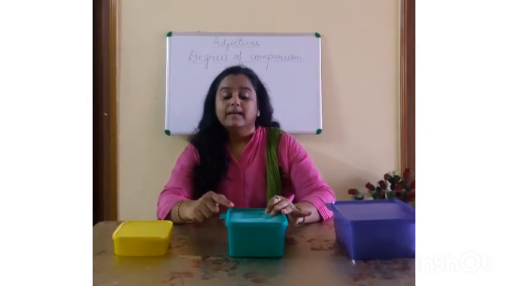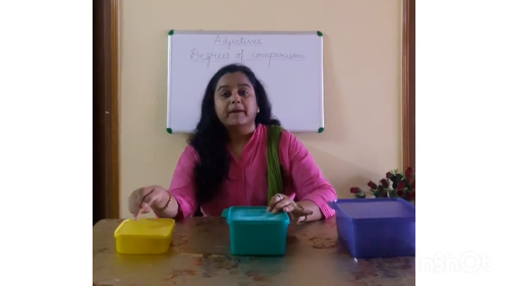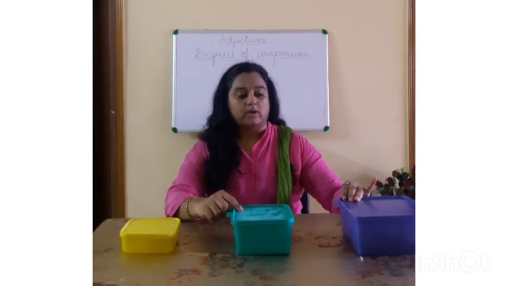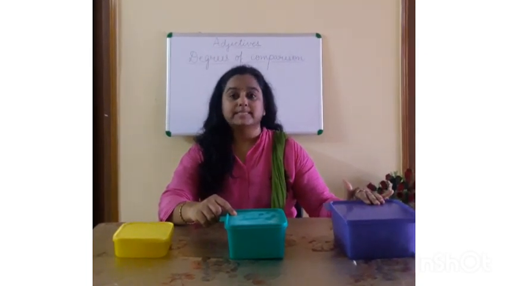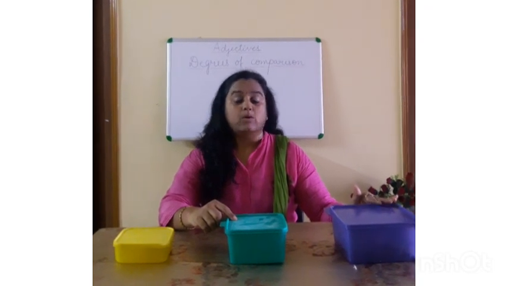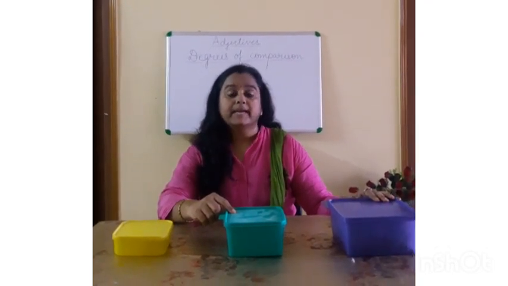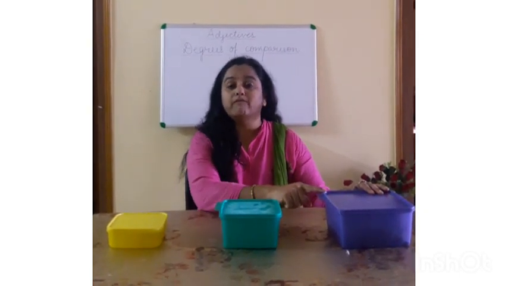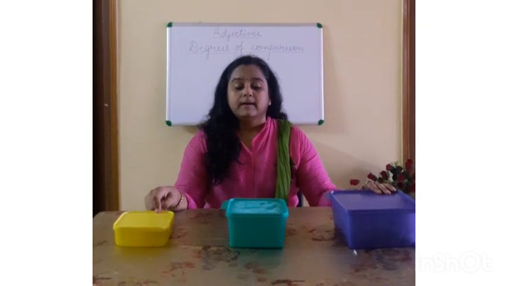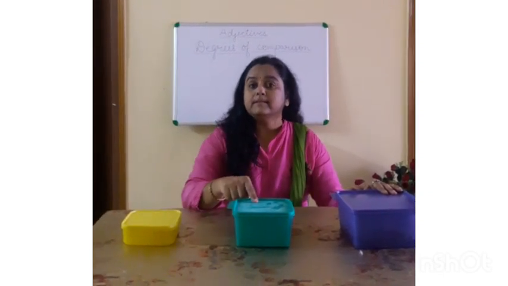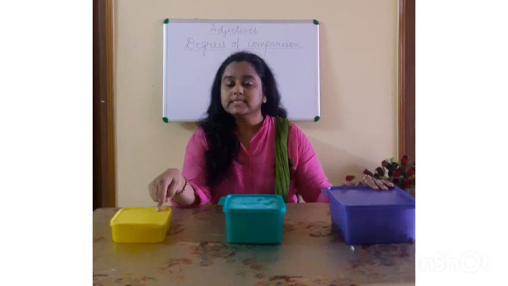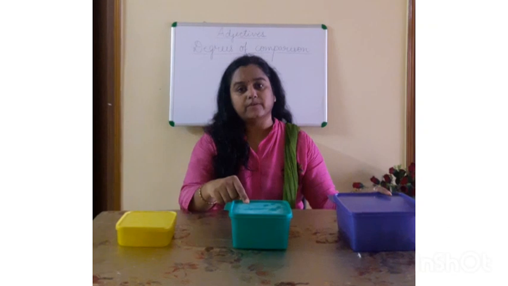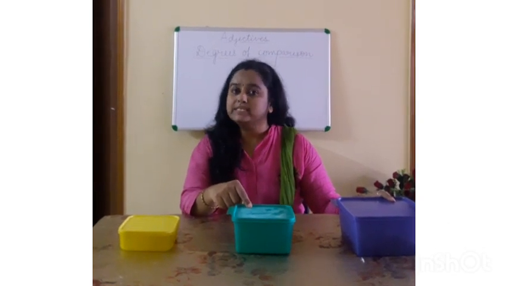Now, when I am talking about this box, I will say this purple box is the biggest of all 3, or I can say the biggest of all the lot, because when we compare a thing with more than 2 things, we use the superlative degree. We use the highest degree of comparison, that is the superlative degree.